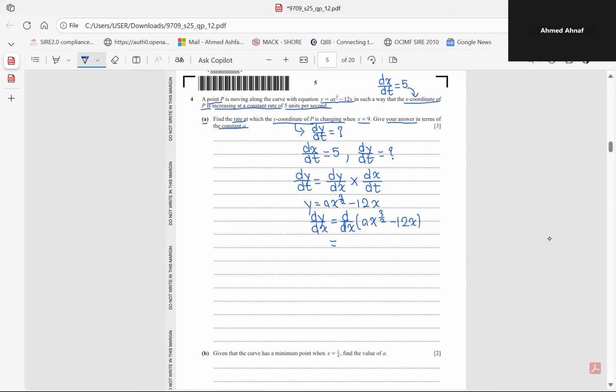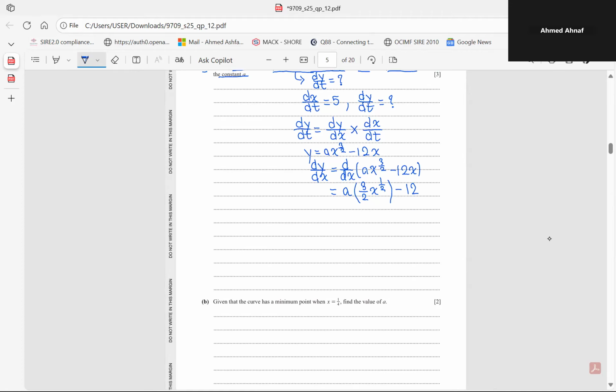So for the first term, k times x to the power of 3 over 2, we can take out the constant term k and just differentiate x to the power of 3 over 2. So first of all, bring down the original power, 3 over 2, times x to the power of 3 over 2 minus 1, which would just give us x to the power of half. And now minus the derivative of 12x. So bring down the power 1, multiplied by 12 times x to the power of 1 minus 1, which is 0. That would just give us 12. So this is our derivative.